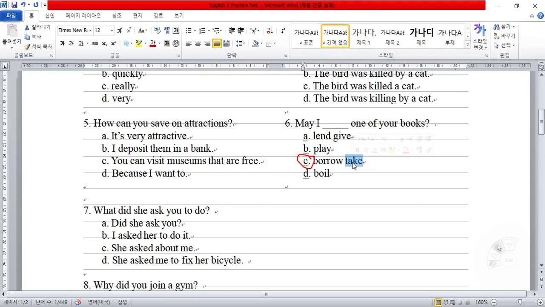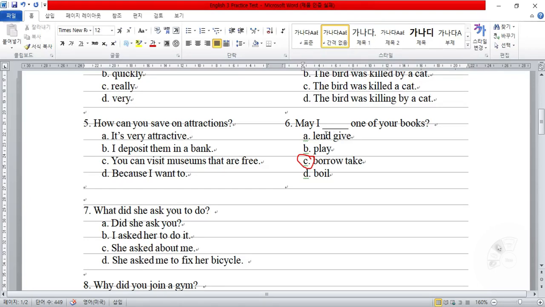I don't know what's going to happen to it, but I have it now. Okay, I've taken it. Why? I don't know. For how long? I don't know. But borrow means take something and give it back later. Okay. Lend means give something but get it back later.